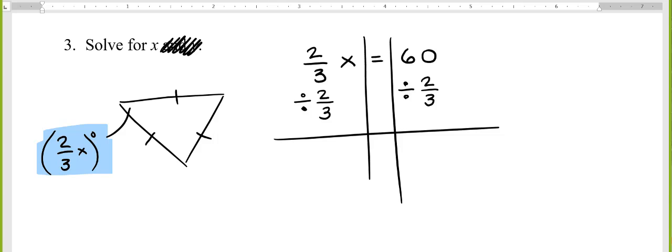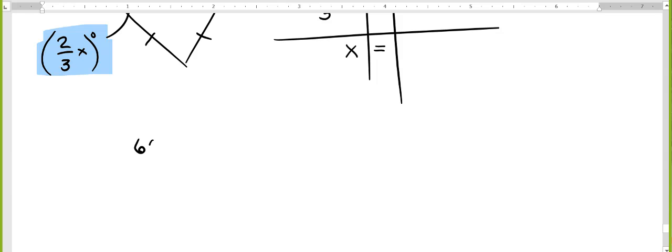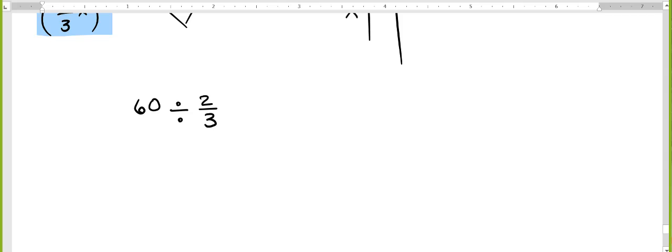Hang with me for another couple of minutes and we're done. x will equal... okay, here we go. What is 60 divided by 2/3? How do you divide by a fraction? You multiply by the... you say 60 times what? 3/2. Yep, you multiply by the reciprocal.